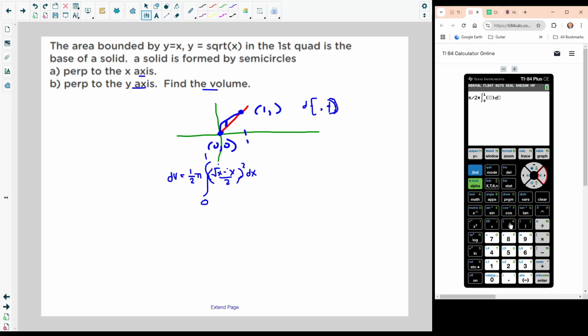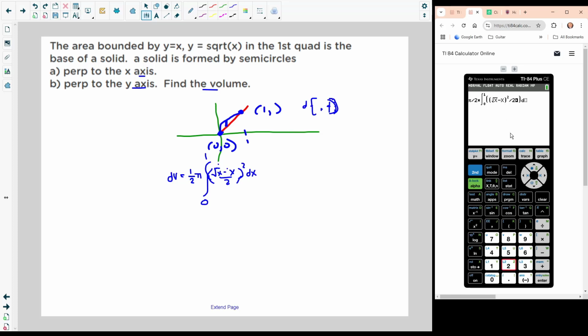Okay, I need a parentheses here because I'm going to square this thing. Radical x minus x. Now we got a problem with this divided by 2. It's better to pull that 2 out because this is a little messier. Oh, actually, the squared will take care of that, it's already grouped when it's squared.